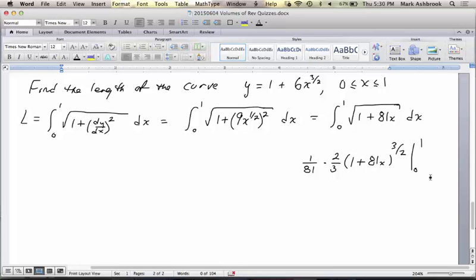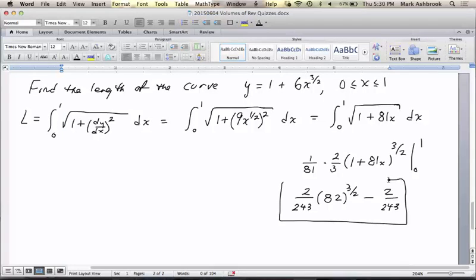Okay, so what do we got? This will not be 0 when we plug 0 in. We have to do both, okay? So 2 over, is that 243? 82 to the 3 halves minus 2 over 243, period.